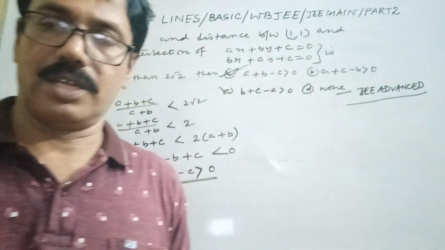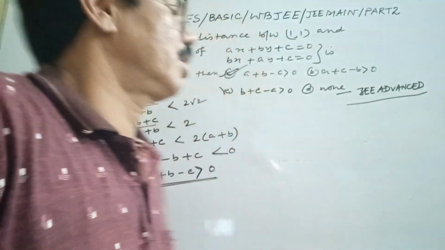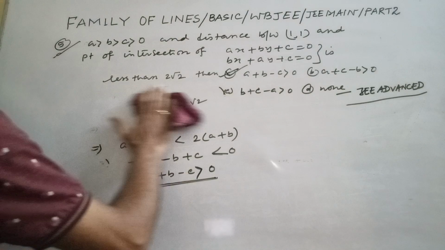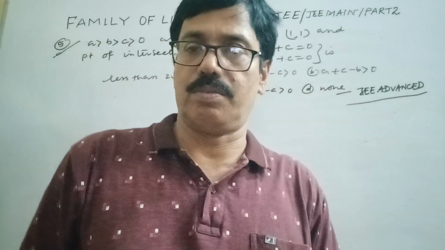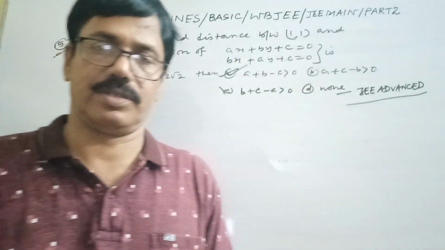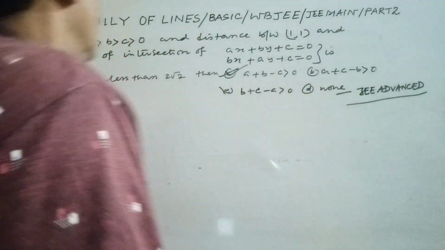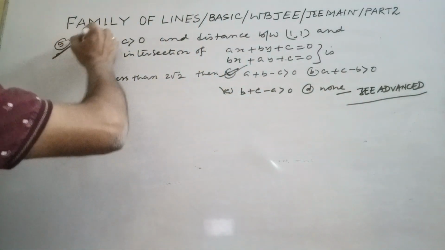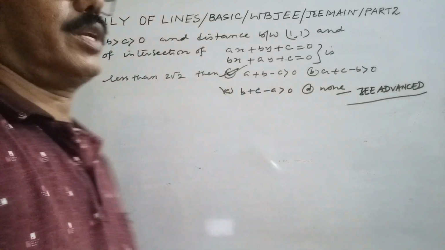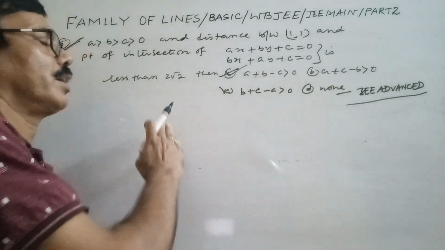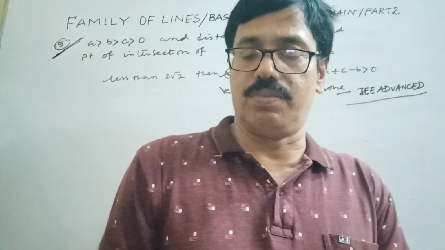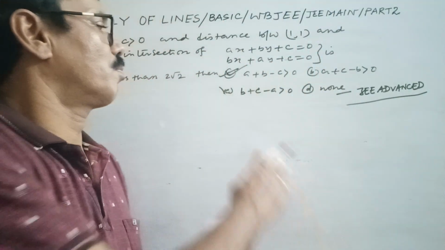So today I have discussed some problems of competitive exams using the equation of family of lines. So that is why the combined equation is most important. Using the combined equation, you have to solve the problems.